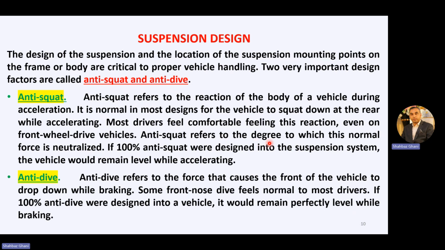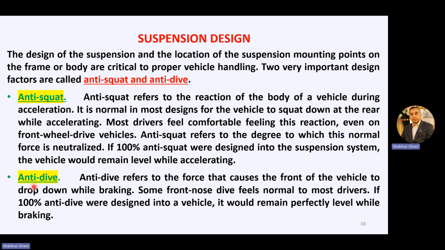Anti-squat refers to the degree to which this normal force is neutralized. If 100% anti-squat were designed into the suspension system, the vehicle would remain level while accelerating. So there will be no lifting of the front portion of the vehicle. So this is your anti-squat.